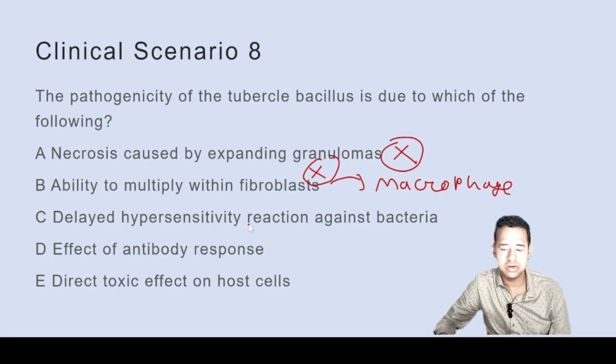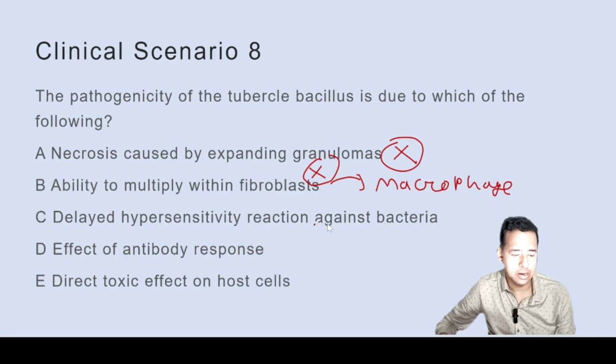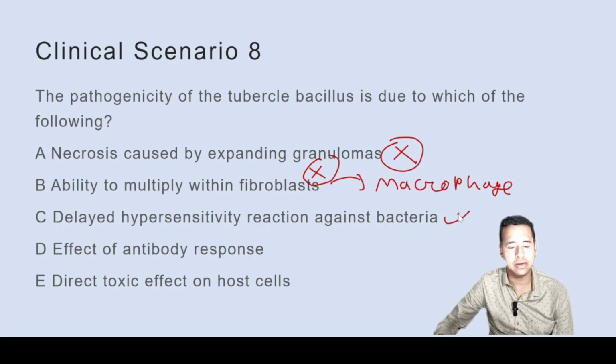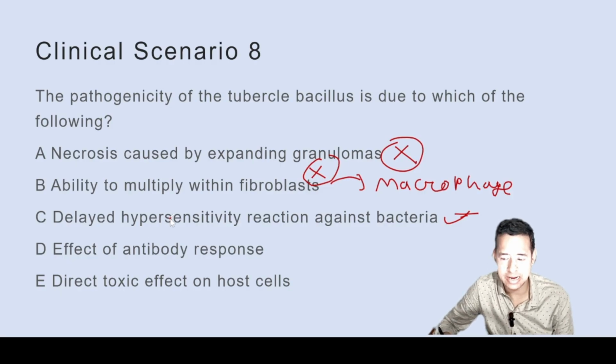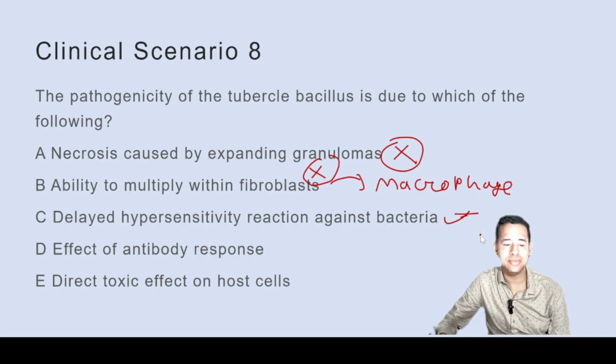Next is delayed hypersensitivity reaction against bacteria. Yes, this is the answer. Much of TB tissue damage results from the host immune response, and T cell mediated delayed hypersensitivity reaction produces granulomas and necrosis around the bacteria.